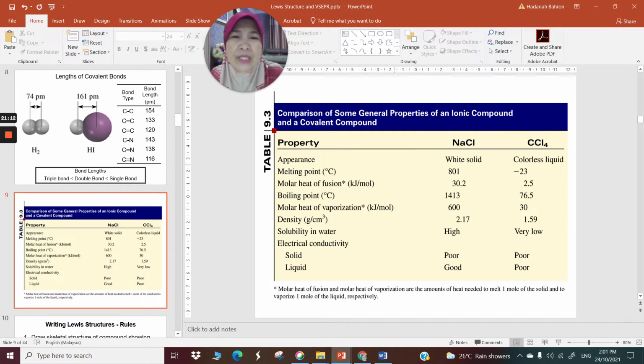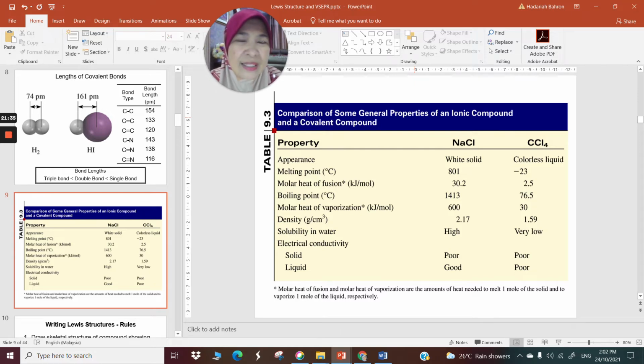So when we compare the general properties of ionic compound versus covalent compound, if you remember, ionic compounds are formed when there is a complete transfer of electrons from metal to non-metal. You get ions.